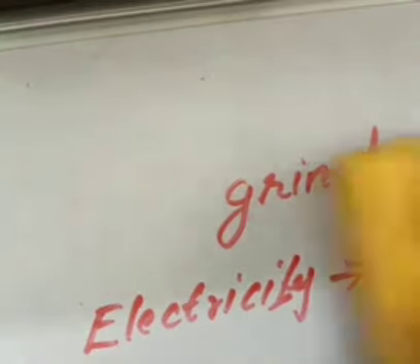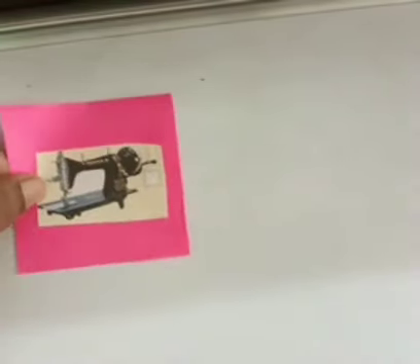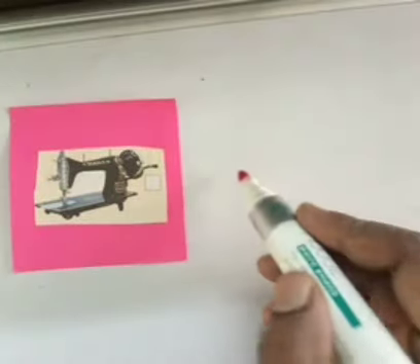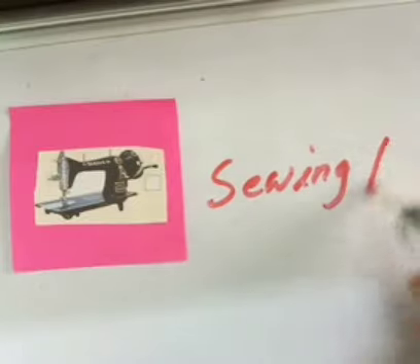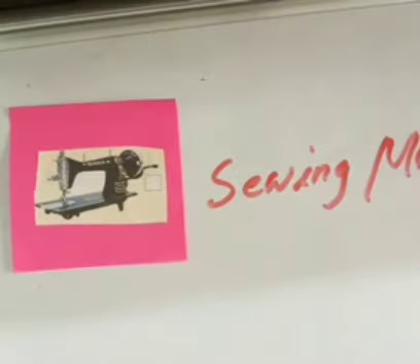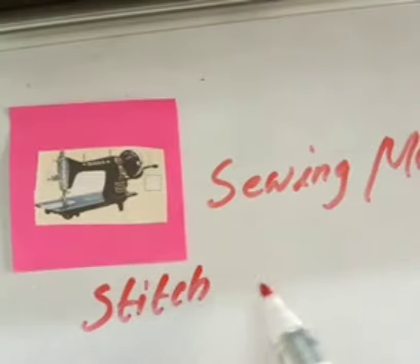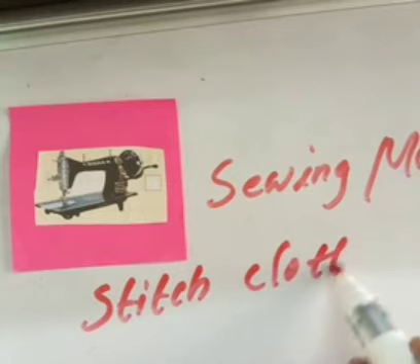Okay children, and next one. Look here, what is it? It's a sewing machine. What is it used for, children? This machine helps us to stitch clothes.